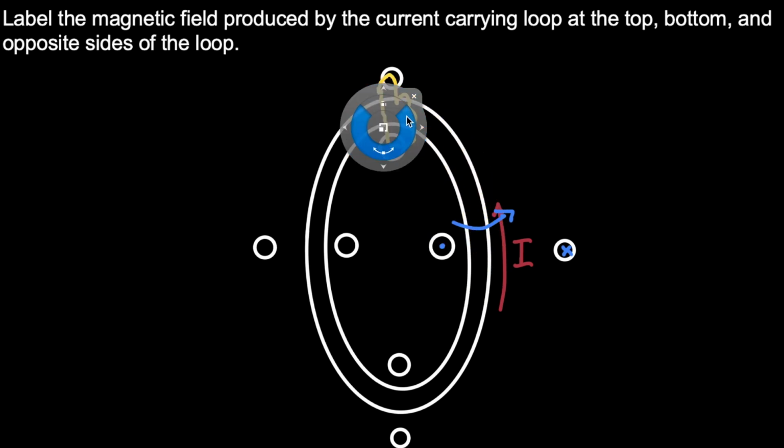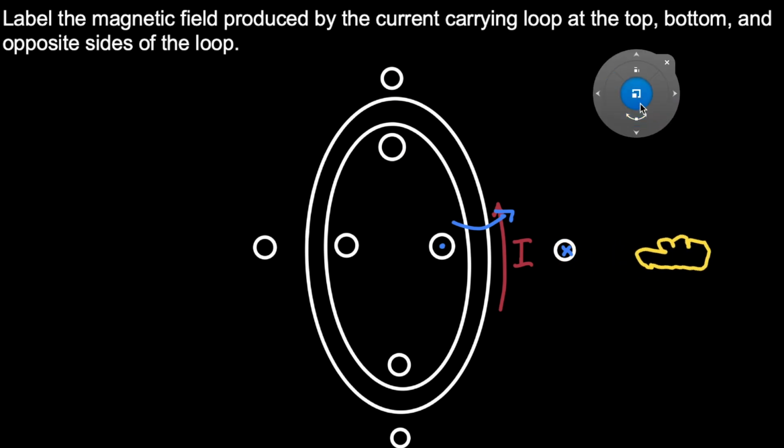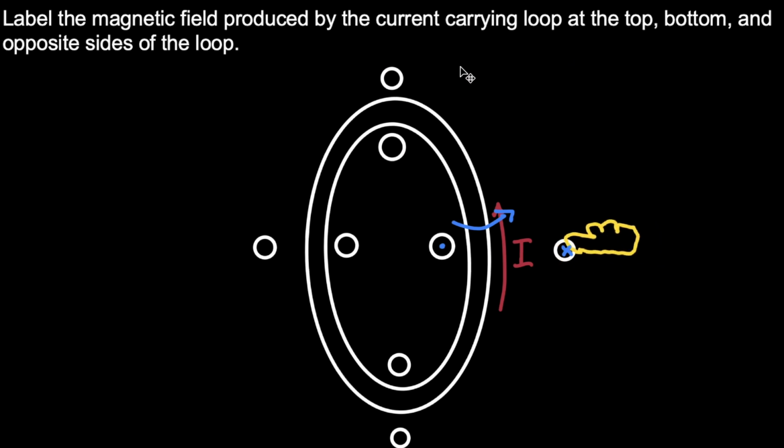Now, if I move my hand around this way, and then I'm going to need to rotate it around a really wide angle, to accommodate for the new current direction, which is going to be this way. Now, my fingers are pointing in this direction. And so the field is coming out on this side of the ring and going in on this side.